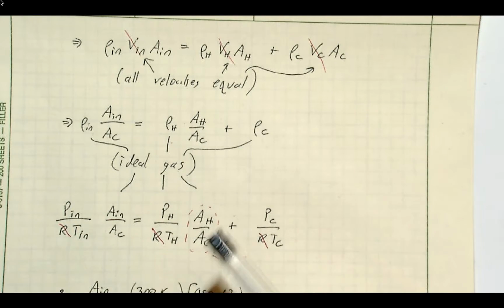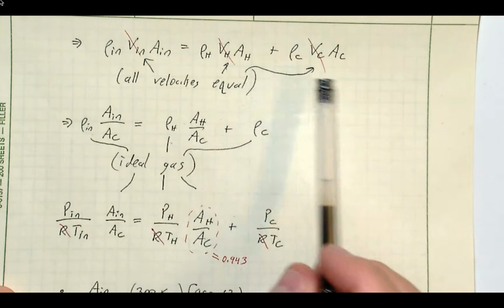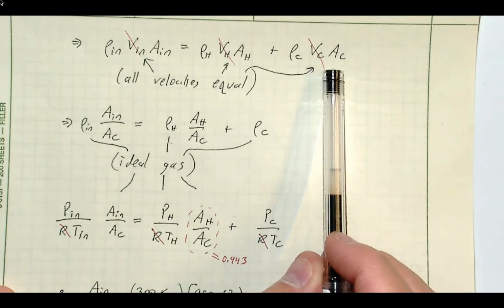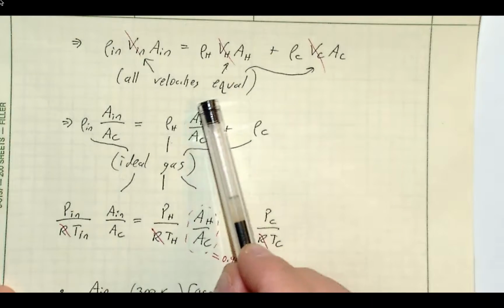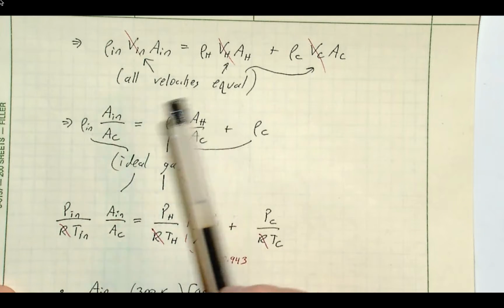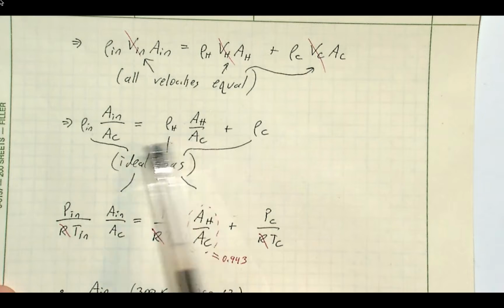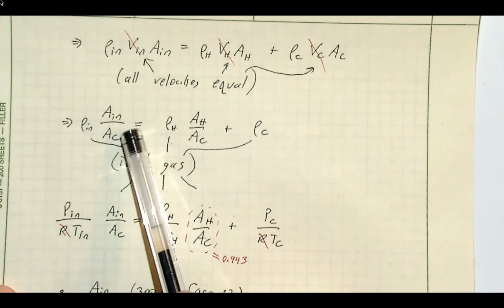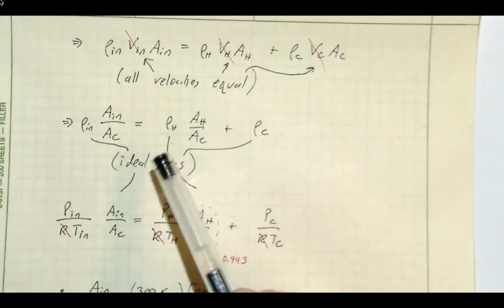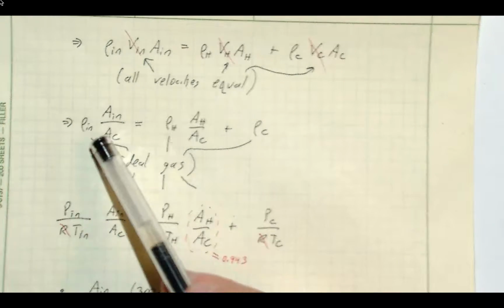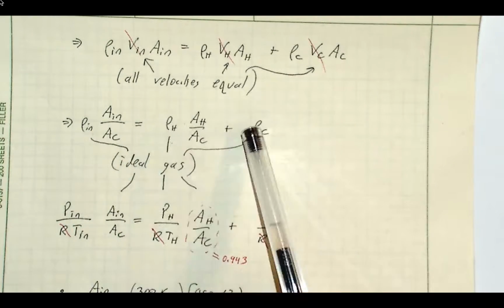All right, so now we're going to divide through by the cold area, because this was the answer to our first problem. And now this is going to be the unknown here. In part A, we solved for this, and now we want to know what this ratio is. So we divide through by the cold area and apply ideal gas to the three densities.